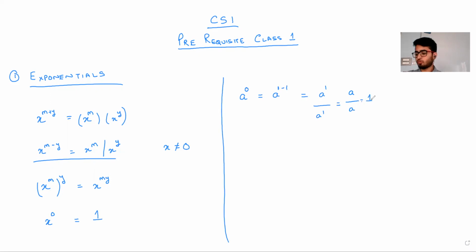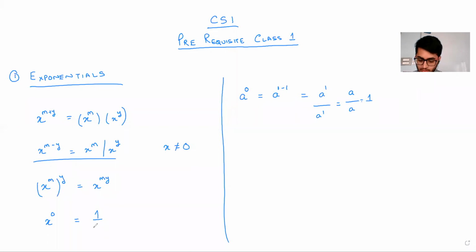So again, for those who might not know why this is the case, it's a very intuitive derivation that any number raised to the power 0 must give us 1. Again, for actual papers, it's just the property we need to use, but it's always good if you know the underlying reasoning as well, why this particular result is coming. It's not just that it's given there. There's a reason, and as we checked out, there's a derivation behind this as well.